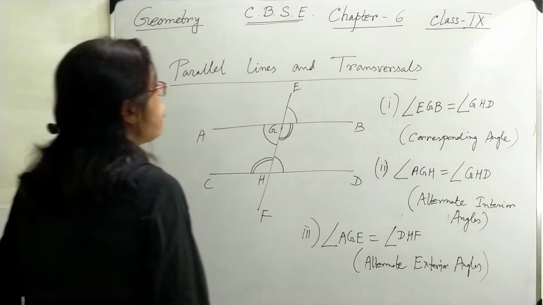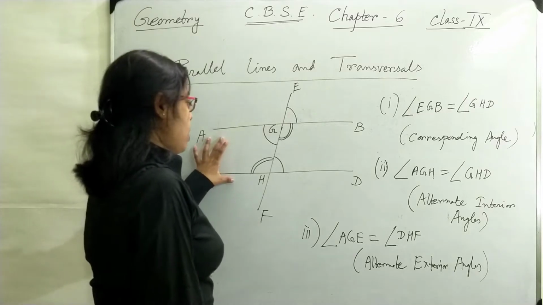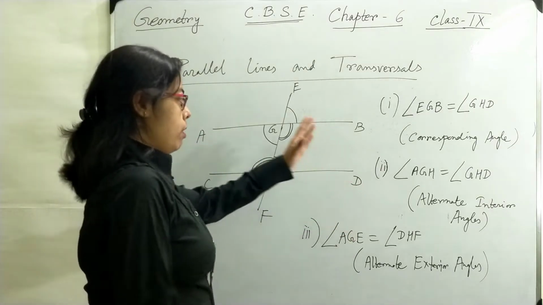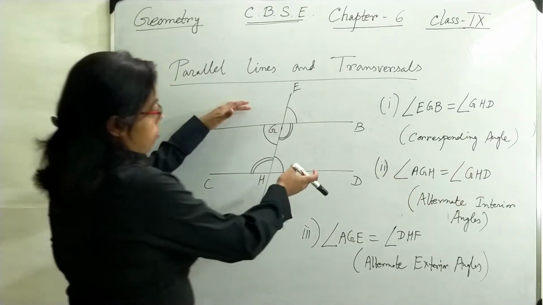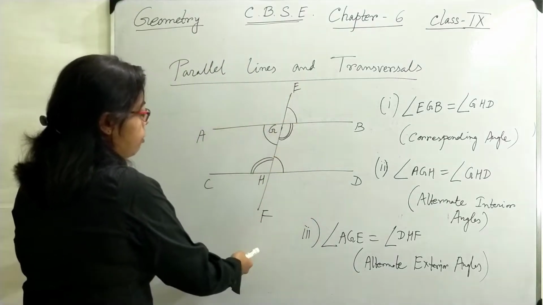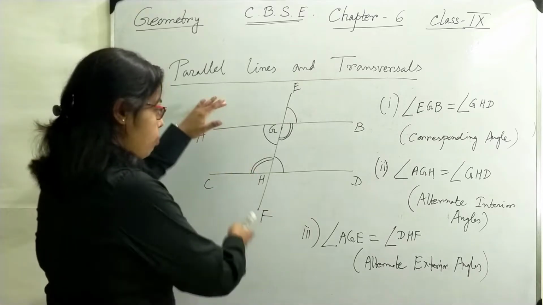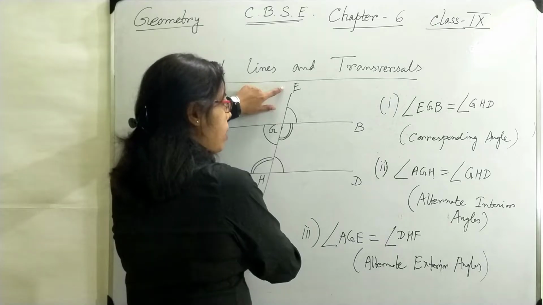Parallel lines and transversal. Now, what is a parallel line? If there are two lines and they never meet, wherever you extend them, they will not meet each other, this type of lines are known as parallel lines. And some other line which is going like this, falling on those two lines, is known as a transversal.